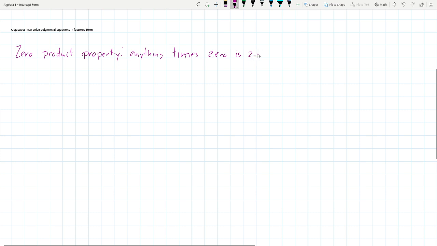We're going to be using what's called the zero product property. And the big idea with the zero product property is that anything times 0 is 0.